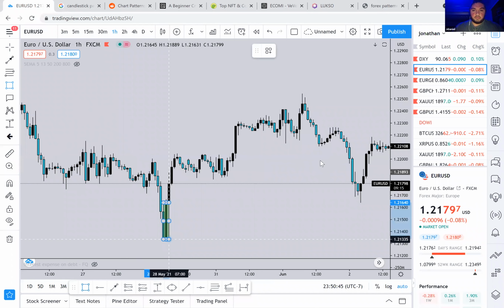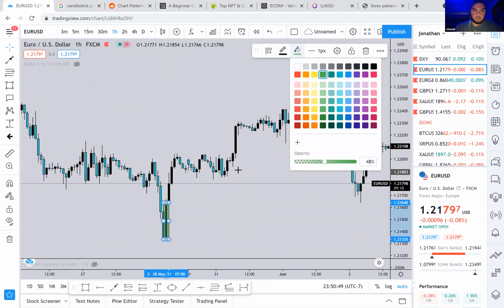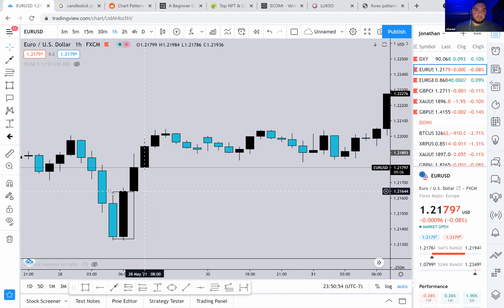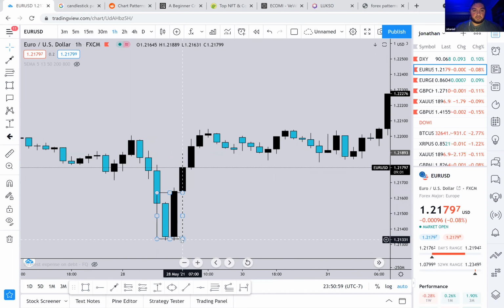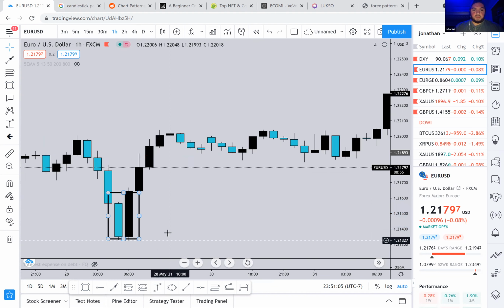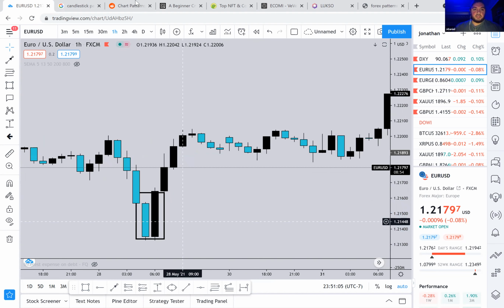So this singular black candle here is... These two candles here are one of the patterns that we researched. So give me 1 second. I want to make this a little bit bigger so we can see it. Okay. So this here is, what is this called?